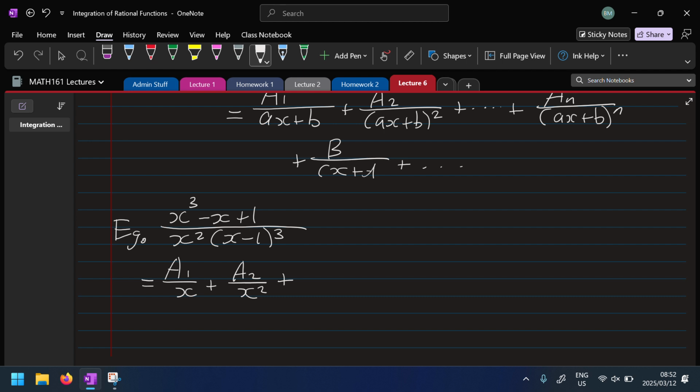That's repeated 3 times, so we need 3 terms. So we're going to have b1 over (x minus 1), b2 over (x minus 1) squared, because that's the second term. And then again, it's repeated 3 times, so we need a b3 over (x minus 1) cubed. Okay, 3 times repeated, 3 terms.